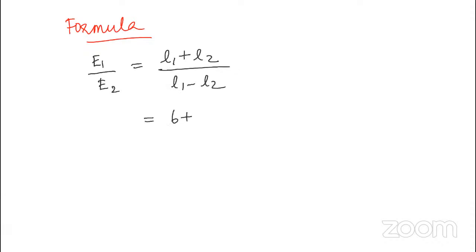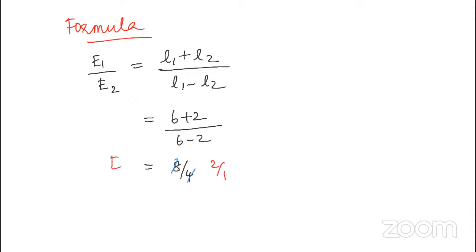Here it is E1 by E2 is equal to L1 plus L2 divided by L1 minus L2. Okay, so here 6 plus 2 divided by 6 minus 2. So here 8 by 4, we just cancel, it is 2 by 1.